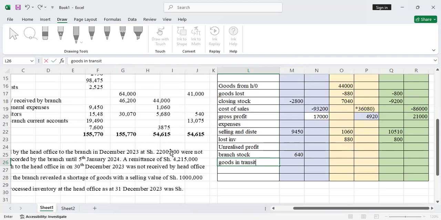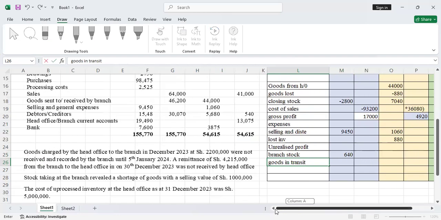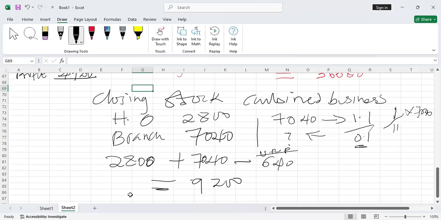These 2200 are billed to the branch at cost plus 10%.